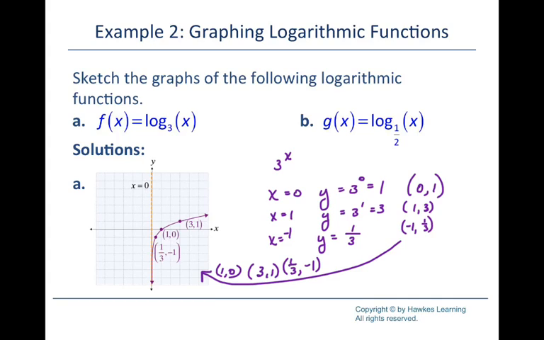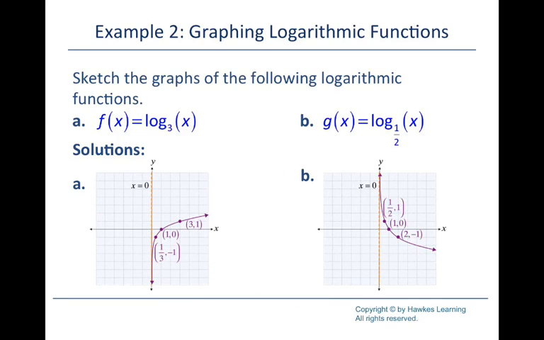So in other words, 1, 0 is always on there. Then you've got the base and 1, and you've got your 1 over base and negative 1. Those are 3 points you can always locate on a logarithmic graph. Just the inverse, swap the points from your exponential graph.